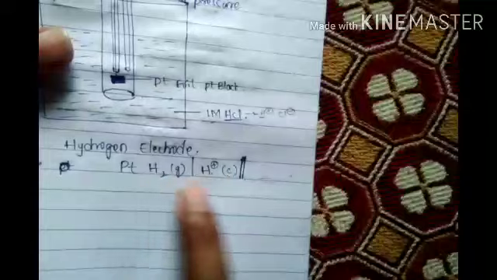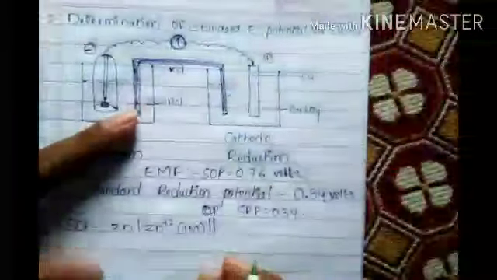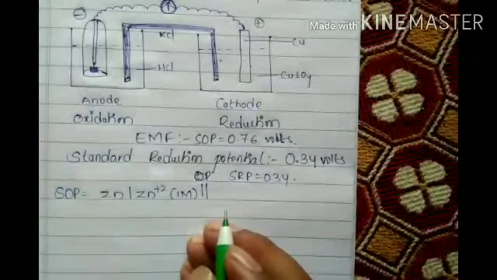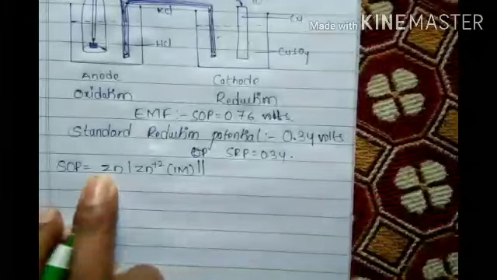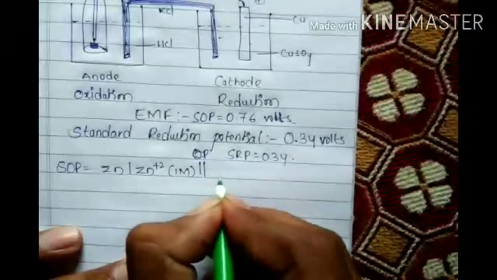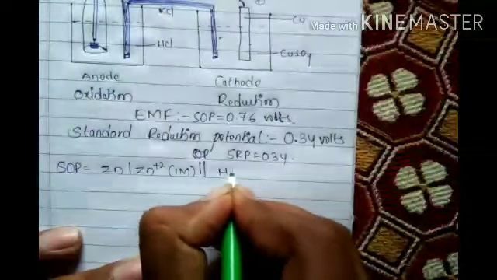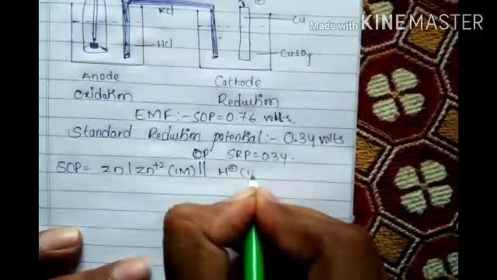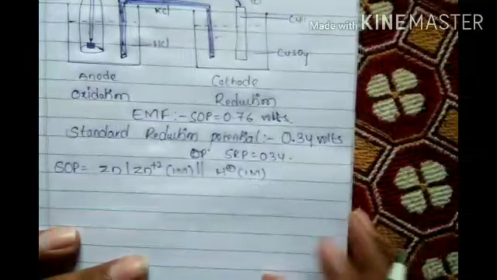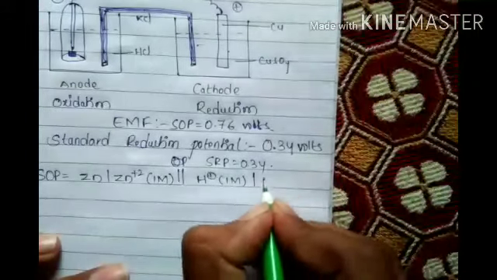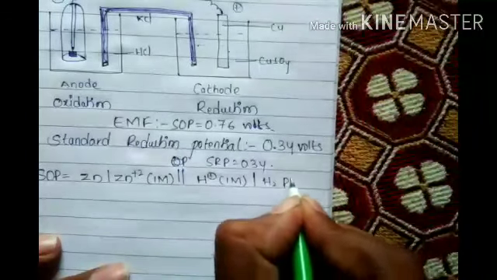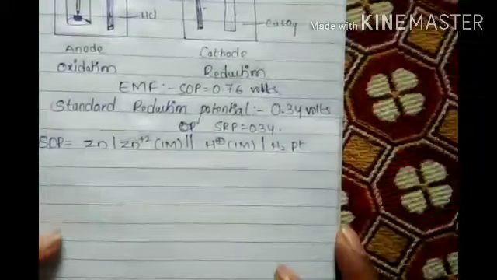Now, which one do we take first? It comes from left to right. So H+ with concentration 1M, single line, H2 gas and Pt. This is the way of writing SOP.